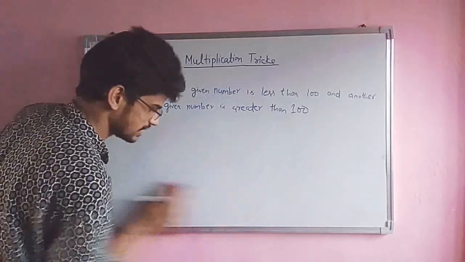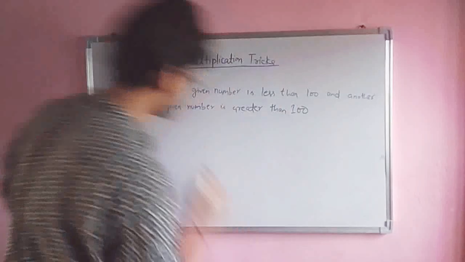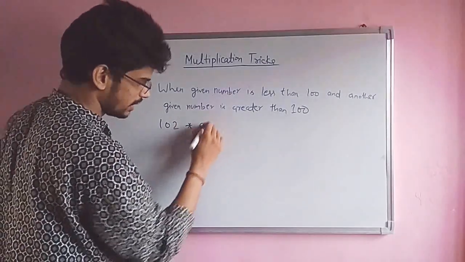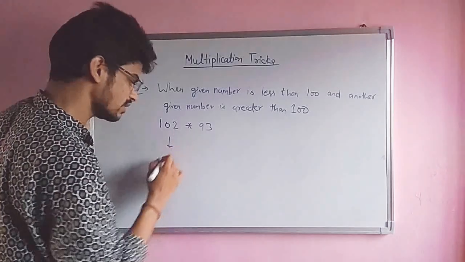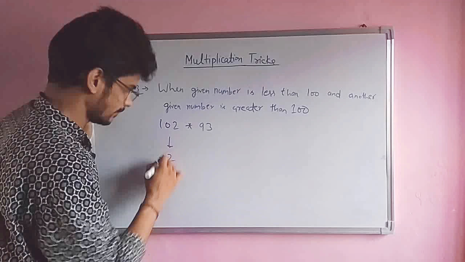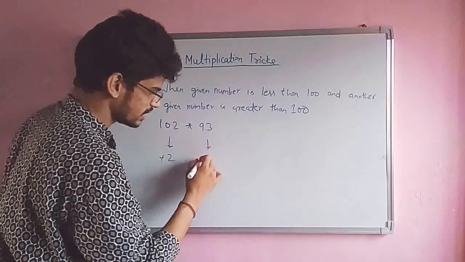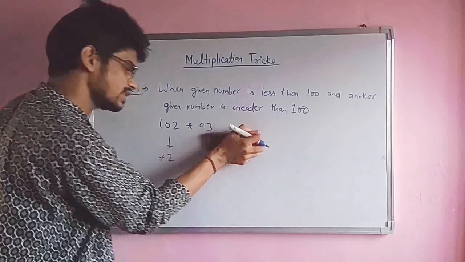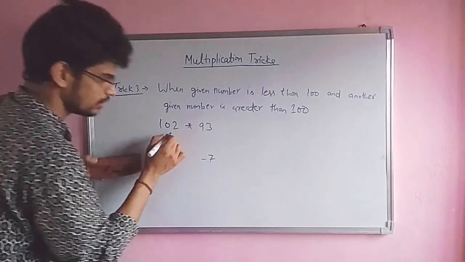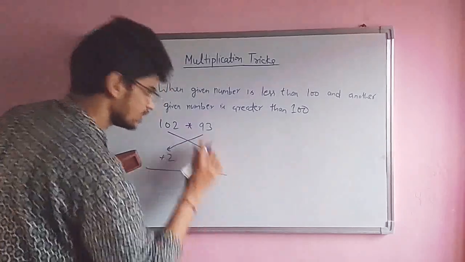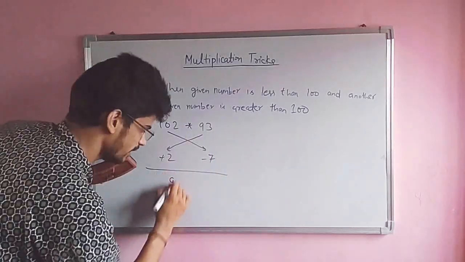Next, let's take another example of this one. 102 multiplied by 93. How much is it greater than 100? That is by 2. It is lesser than 100 by 7. Now diagonally subtract and add the value. 93 plus 2, that is 95.